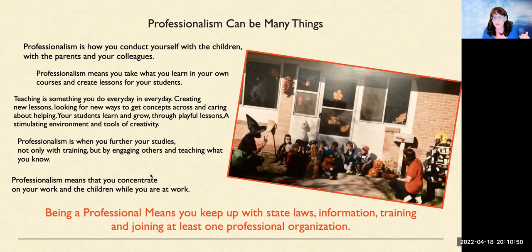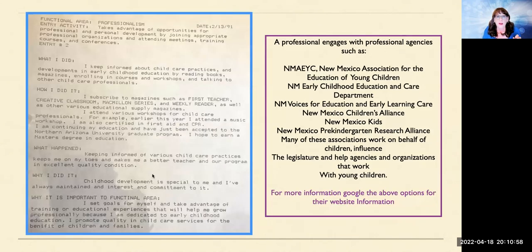Being a professional means you keep up with the state laws, information, training, and joining at least one professional organization. So again, here is a list of professional organizations in the state of New Mexico. And in a way, it's very important. A lot of these meetings have gone on to Zoom.